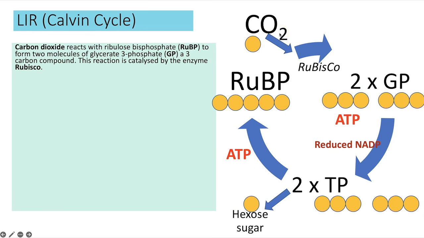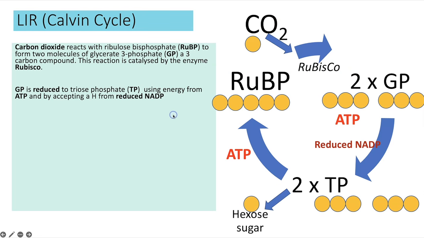Carbon dioxide is reacting with ribulose bisphosphate, or RuBP, and we've got a 5-carbon compound combining with a 1-carbon compound, and that creates a 6-carbon compound. You don't actually need to know that step, but the 6-carbon compound splits into 2 molecules of GP. And this is a step that requires the enzyme Rubisco.